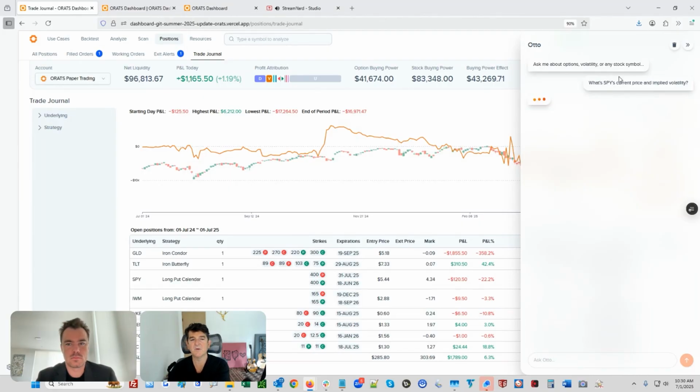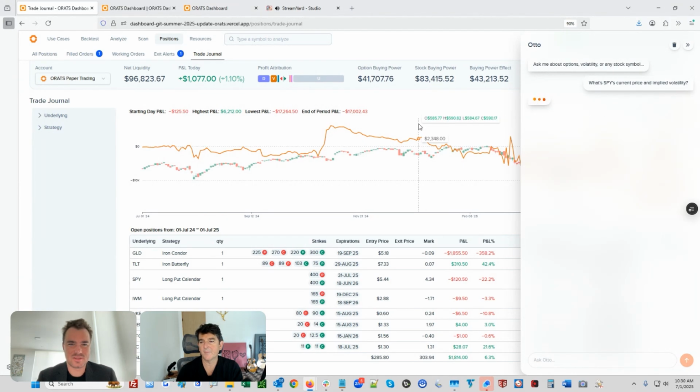There's a lot that Auto can do right now to give you more insights into what ORATS data has. You could ask it some pretty crazy questions, and it goes through all our databases, and then comes back and lets you know. It's a little slow right now. Again, it's a beta version of the dashboard.